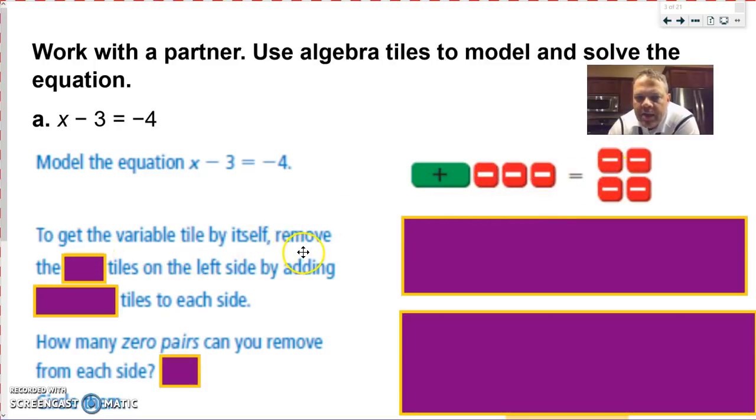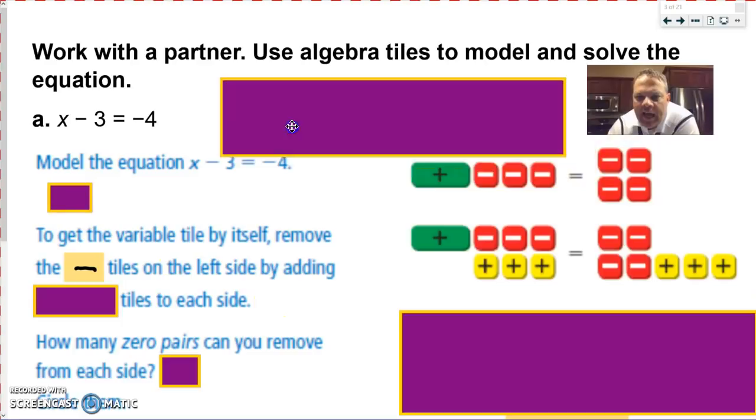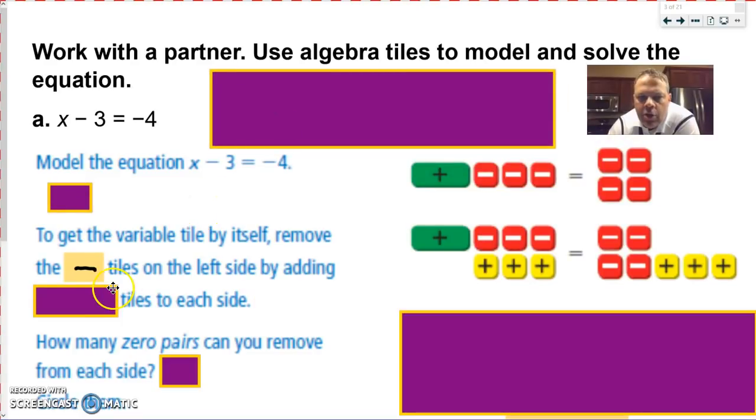To get the variable by itself, I am going to remove the negative tiles on the left side by adding 3 positive tiles to each side. I added 3 positives here. I had to add 3 positives on the right side. Because it's like a balanced scale, if you add 3 to this side, you must add 3 to the other side.